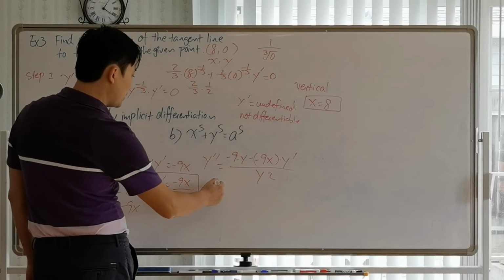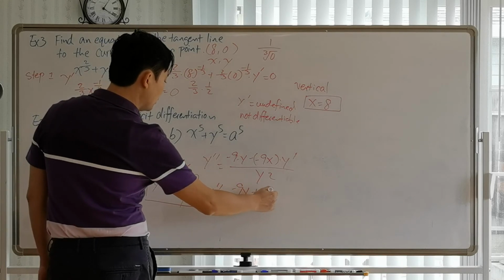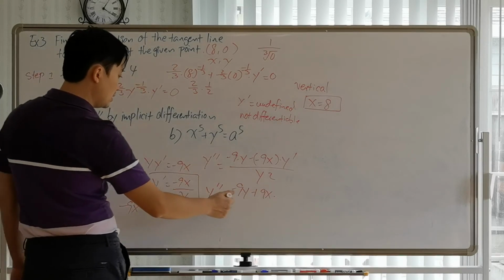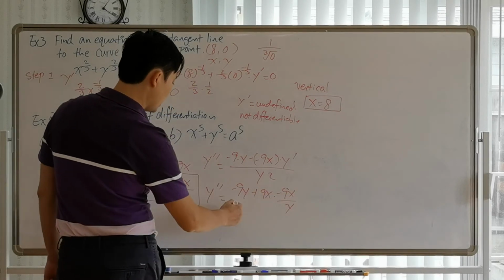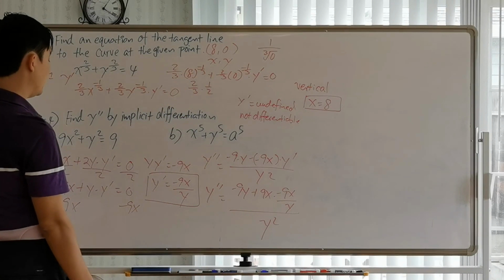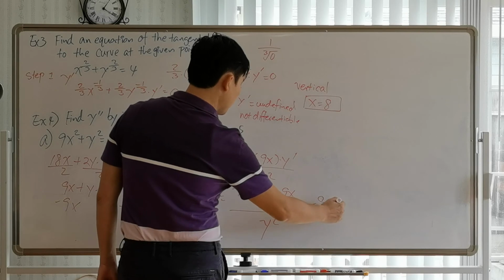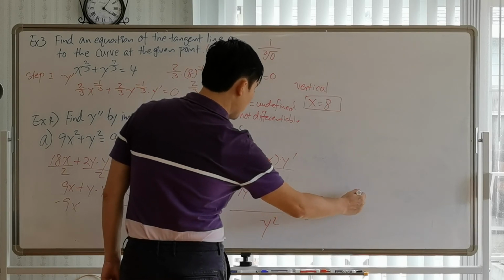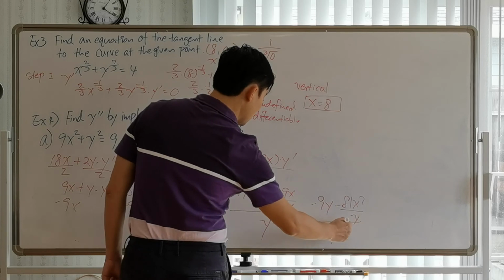And you might be wondering why y double prime can be written as negative 9y plus 9x times y prime, since we solved for that already. It's negative 9x over y. And then all over y squared. And definitely you can simplify it a little bit more. So negative 9y minus 81x squared over y. And then all over y squared.